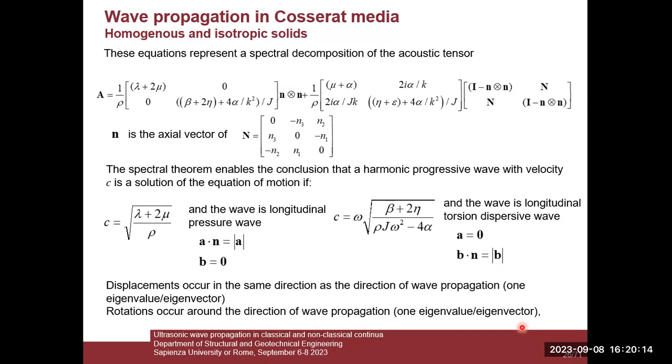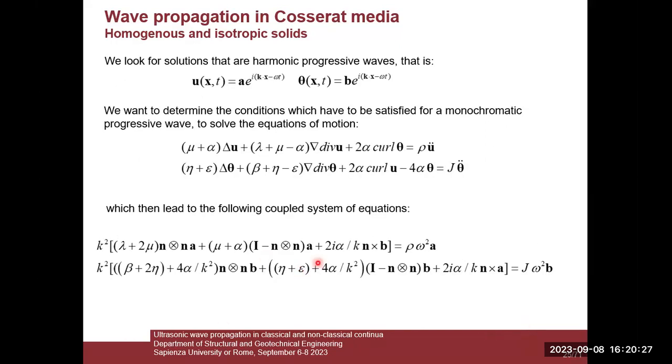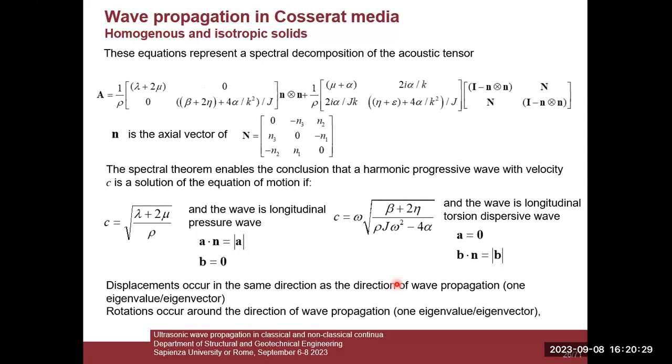Then, if you pick up your pen and try to understand whether there is a spectral decomposition of the acoustic tensor, which you can abstract from here, you find that actually there is.